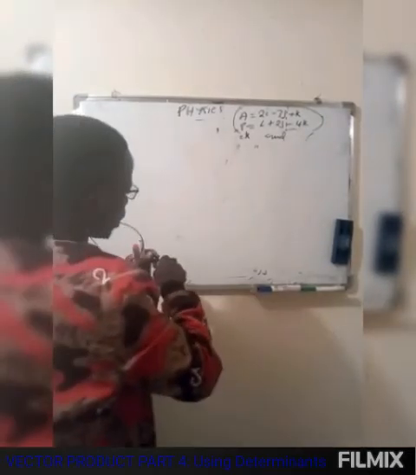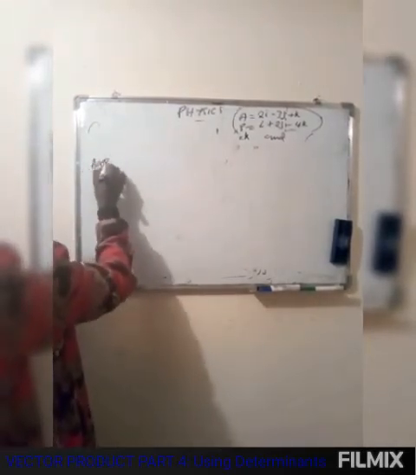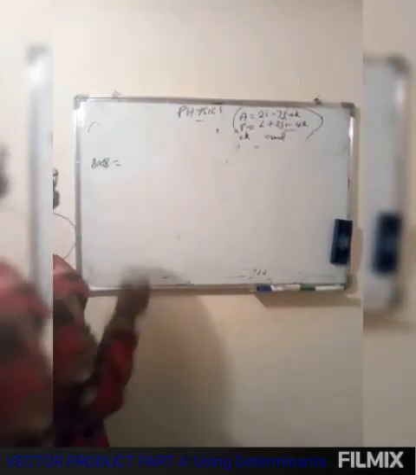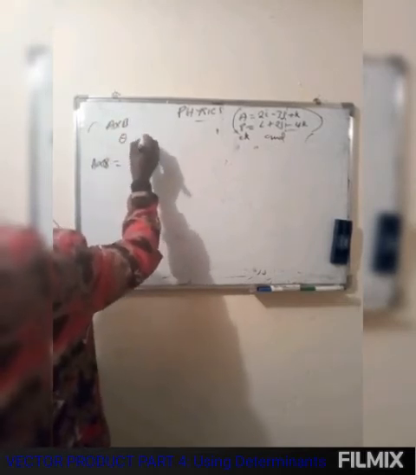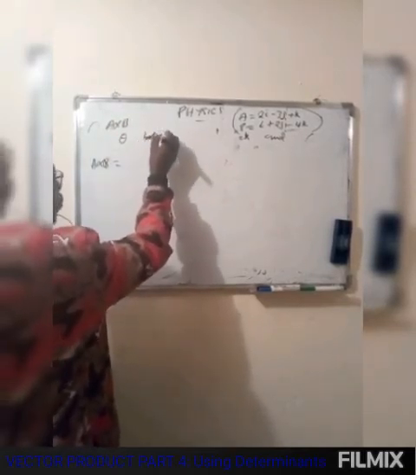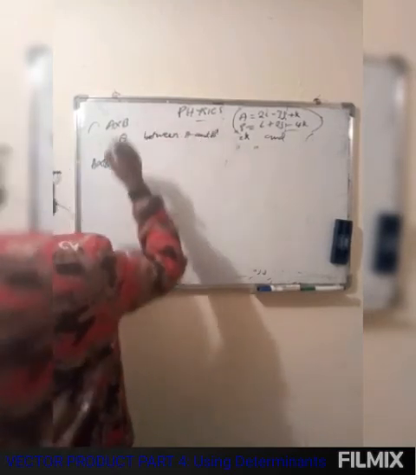So now, in this case as well, we want to find A multiplied by B and also the angle theta between A and B. That's how the question was.